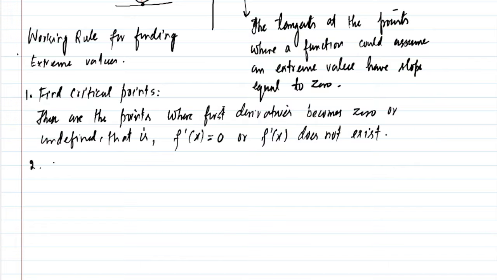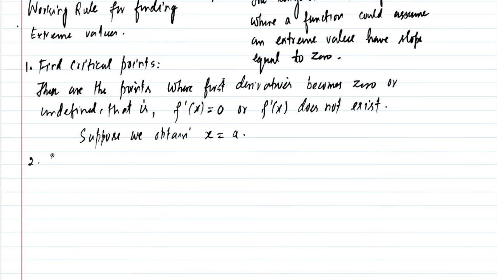Now the second step. Once we have equated f dash of x equal to 0, suppose we obtain a critical point x equal to some point A. Then we find f dash when x is slightly less than A, that is f dash at A minus 0, and we evaluate f dash at A plus 0.